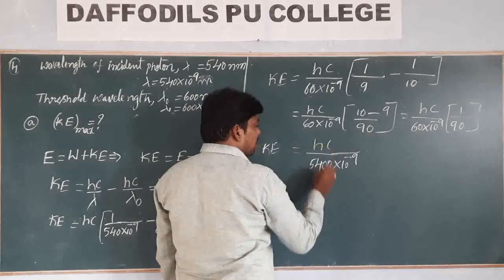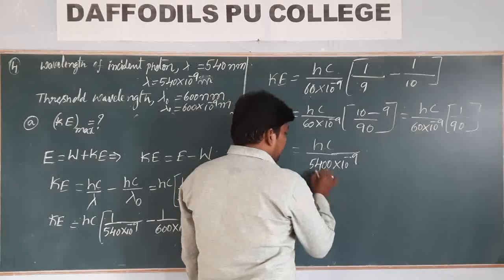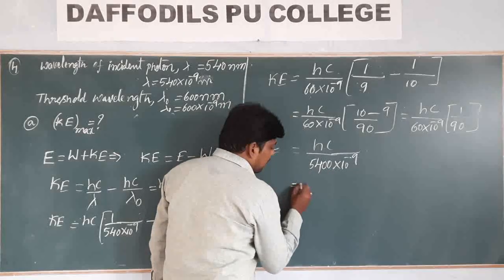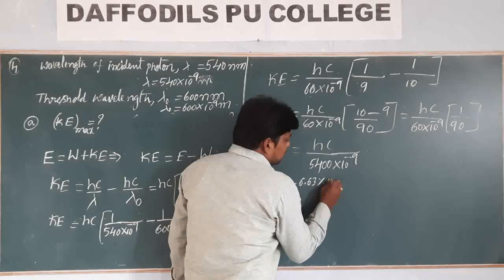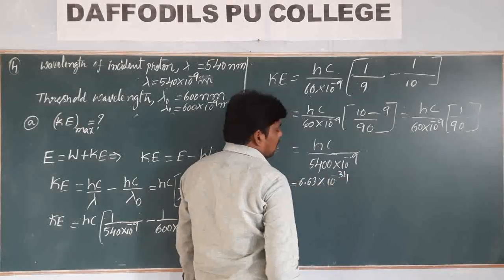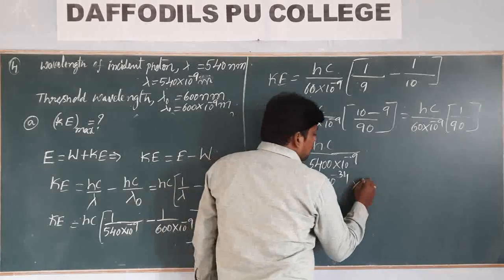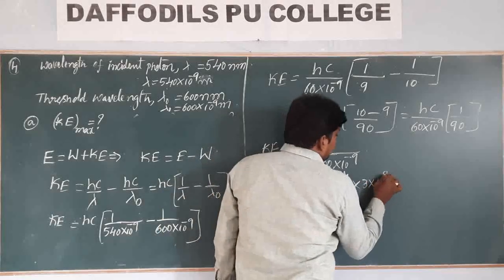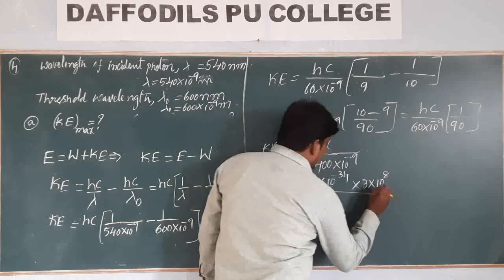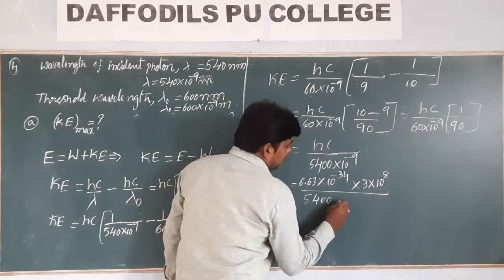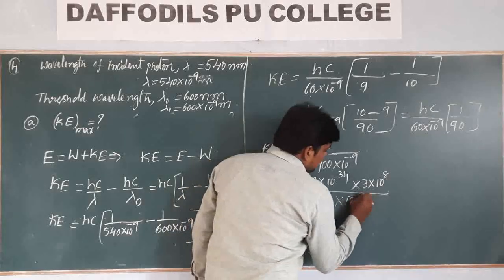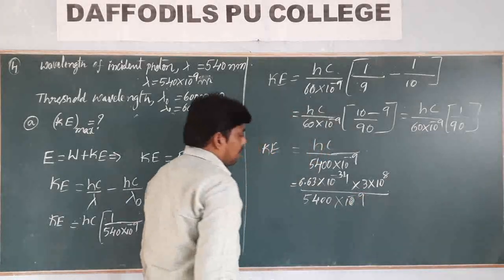Now substitute the h value and c value. h value is what? 6.63 into 10 to the power minus 34. Next, c value, 3 into 10 to the power 8, that is the speed of light, divided by 5400 into 10 to the power minus 9.